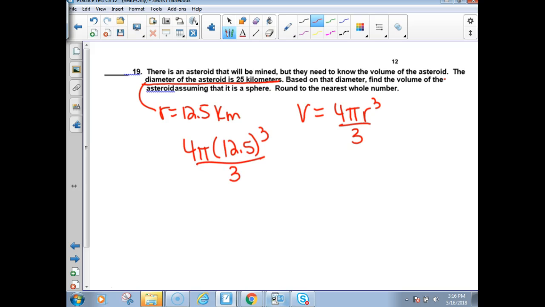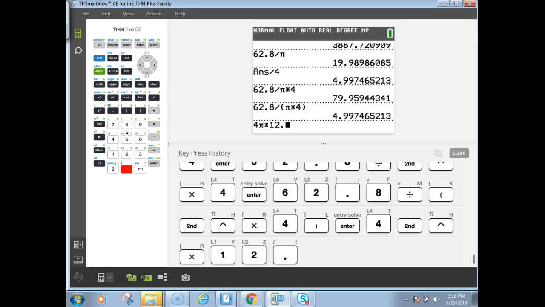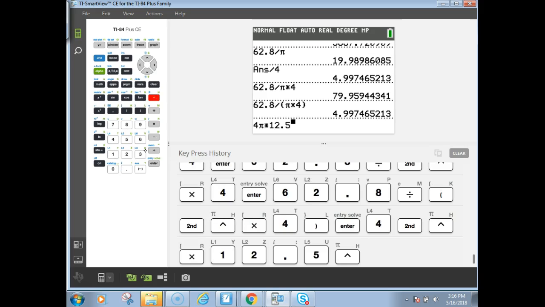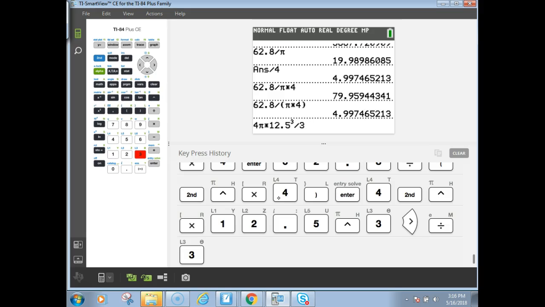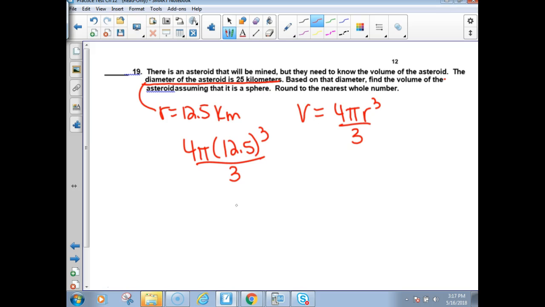All right, a little reminder of how to cube something in case you need it. 4 pi times 12.5 to the third. Okay, arrow out of there and divide by 3. All right, our solution should be 8181.2 cubic kilometers.